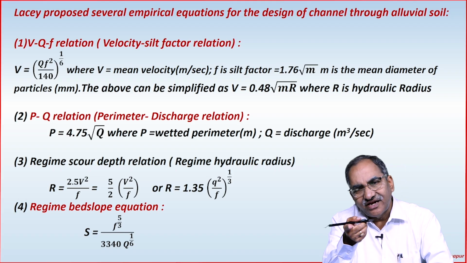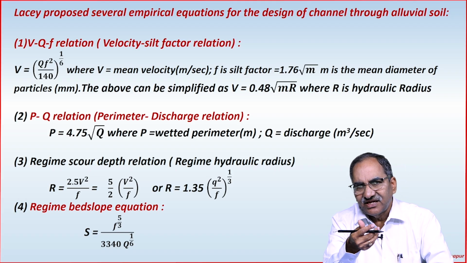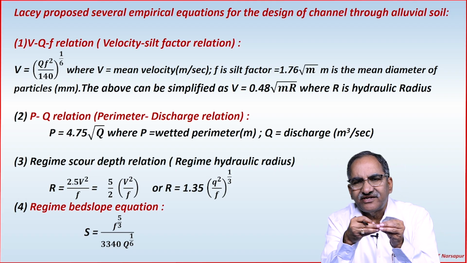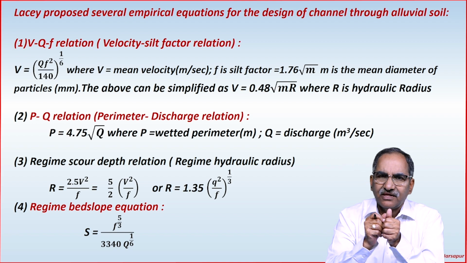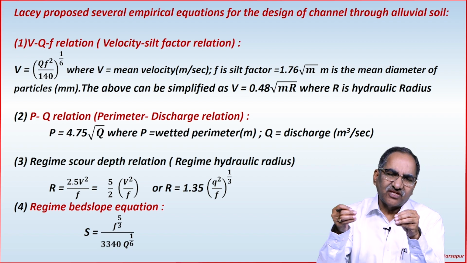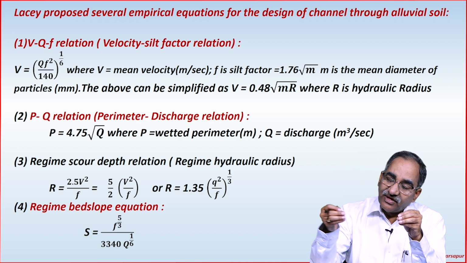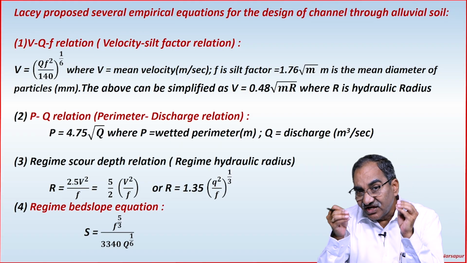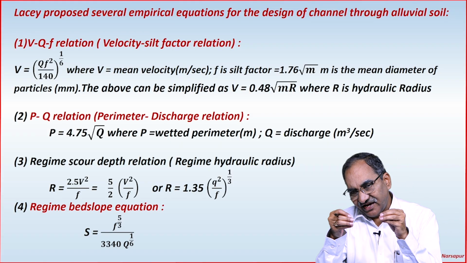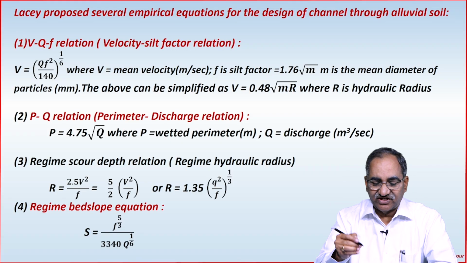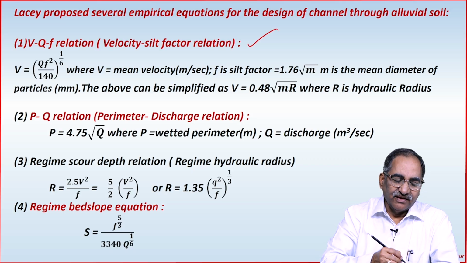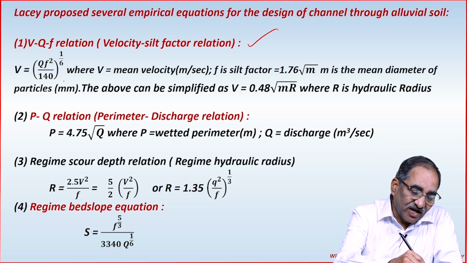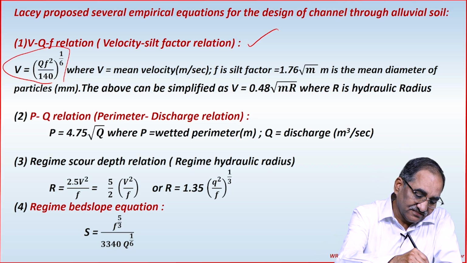We know that velocity and discharge are interrelated through the continuity equation. So he brought into the picture a third parameter, the silt factor, and the silt factor and velocity are related. That is the first equation he has given. What is that relation?